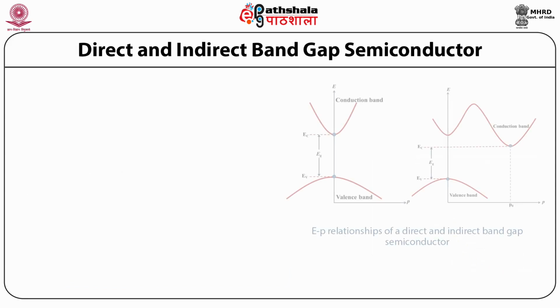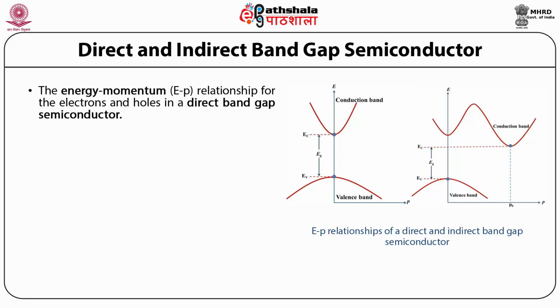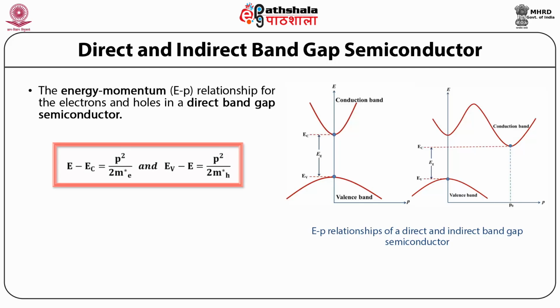So students, let us discuss the direct and the indirect bandgap semiconductors. The energy-momentum relationship for the electrons and the holes in a direct bandgap semiconductor, which we have already discussed previously, is E minus EC is equal to P square by 2 Me star, and EV minus E is equal to P square by 2 Mh star.